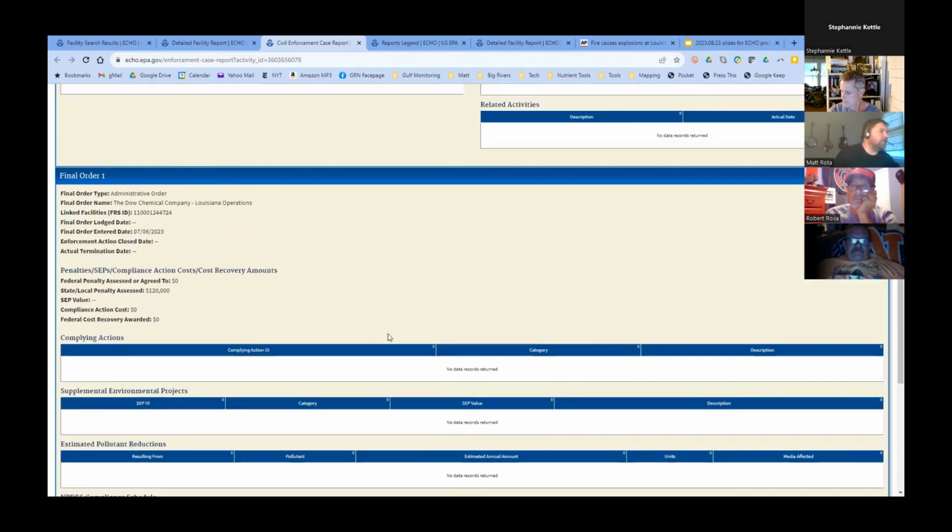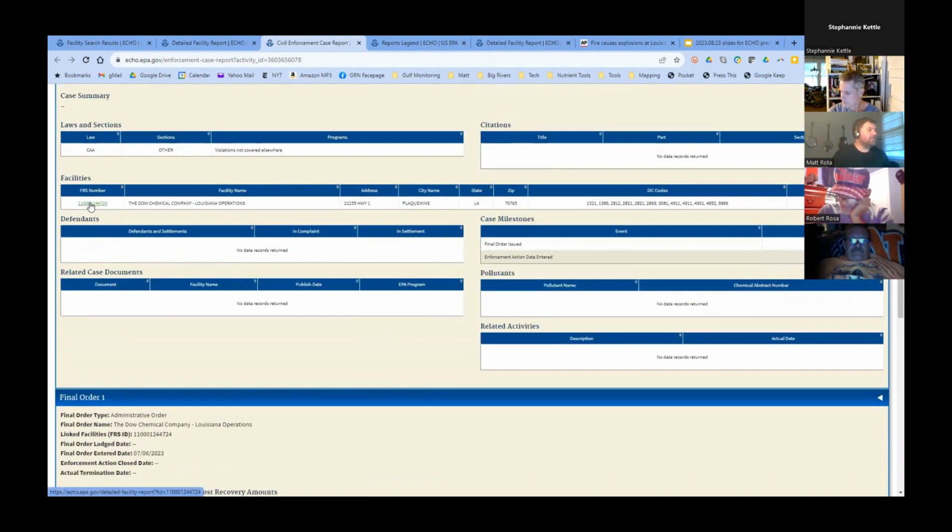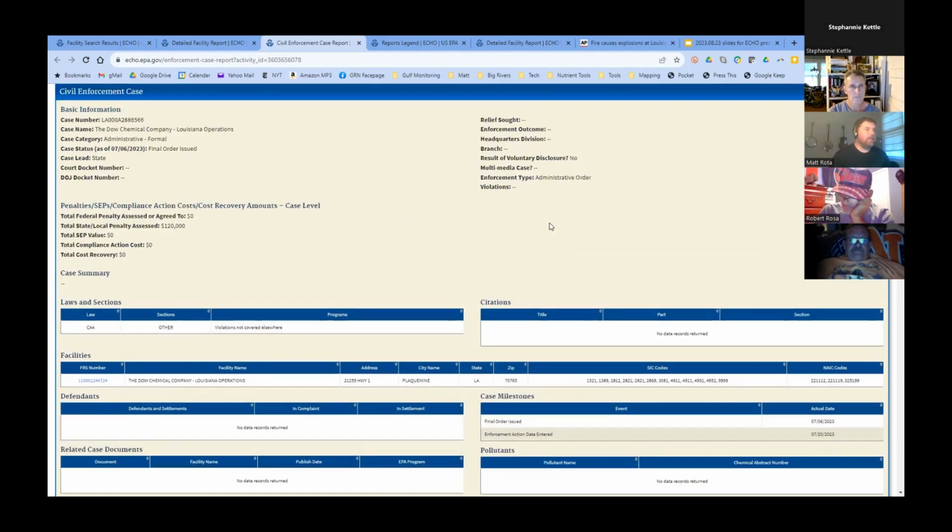Because I could look at this and say, okay, this is the FRS number that I want. I would like the final order because it's telling me that. And then here's the case number, so you can be referencing very specific things, because that's really important whenever you're doing a records request or a search of data.